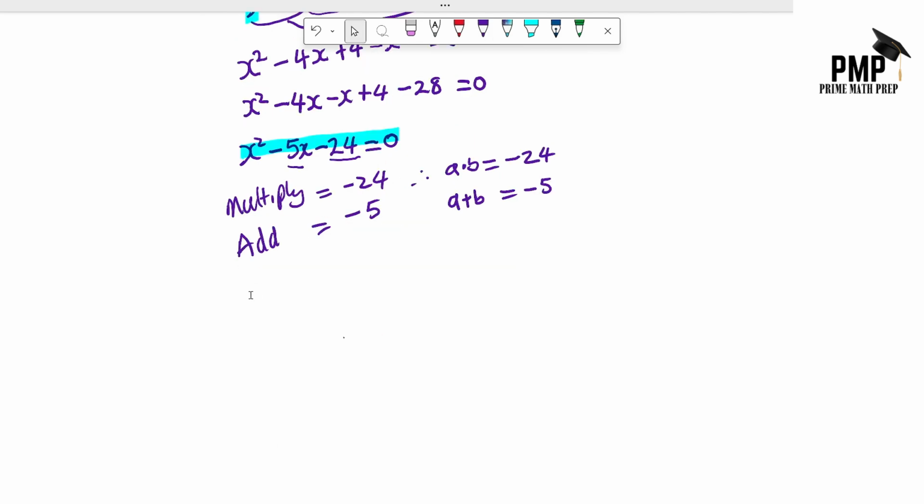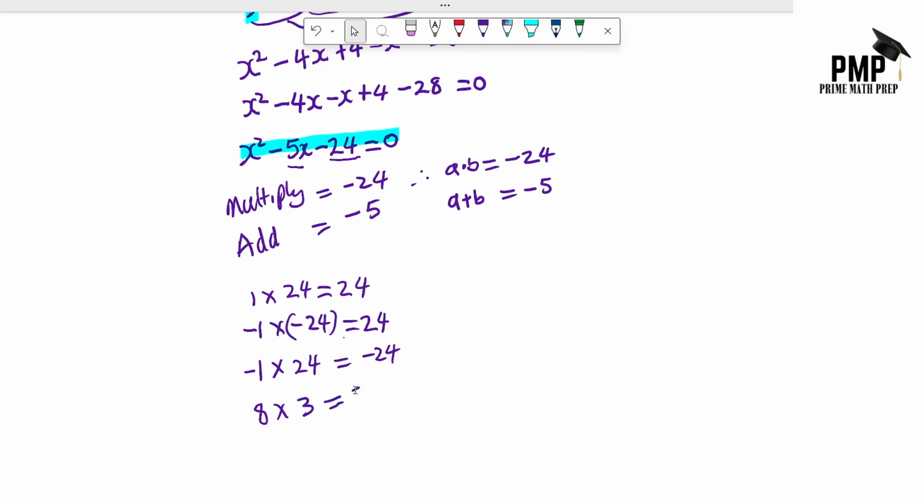We know that 1 times 24 is equal to 24. Negative 1 times negative 24 is equal to what? 24. Negative 1 times 24 is equal to negative 24. 8 times 3 is 24.